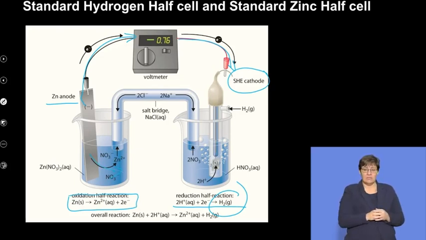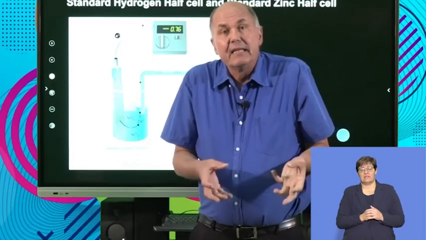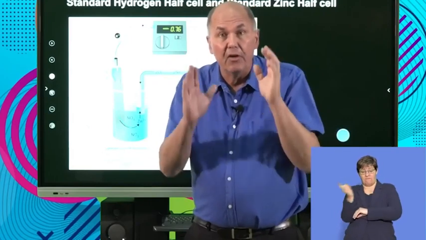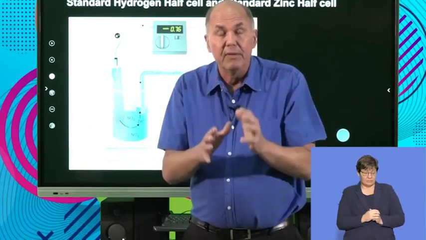So oxidation here, that's why it's an anode, and reduction happening over here. So what I want you to notice very clearly is that we've got a movement of electrons and we've got a reading on the voltmeter.